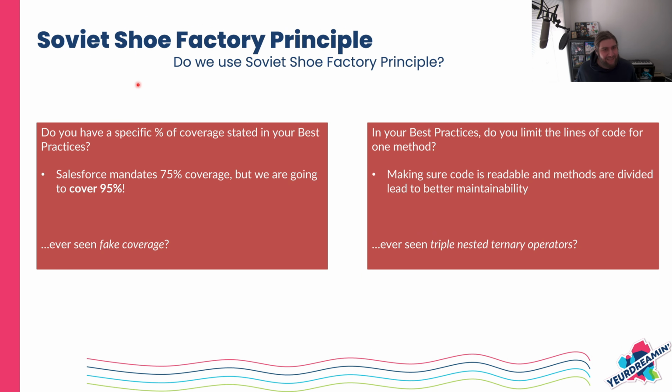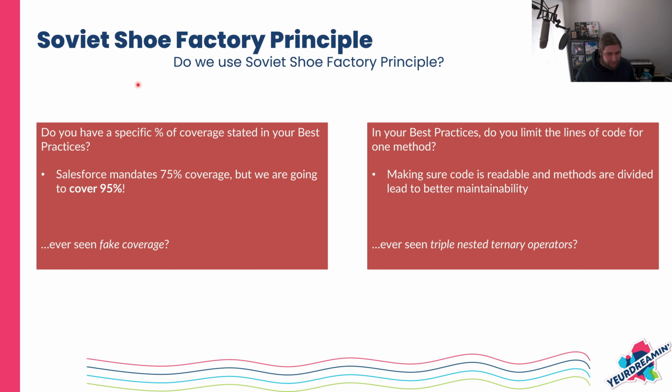We have exactly the same Soviet shoe factory principle in our Salesforce strategy. One is actually mandated by Salesforce: you cannot deploy anything to production unless you have 75% coverage. Coverage in here is measured by lines of code which are covered by unit tests. Well, integration tests, but they call them unit tests anyway.